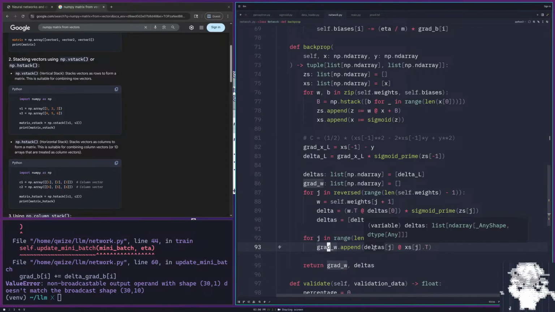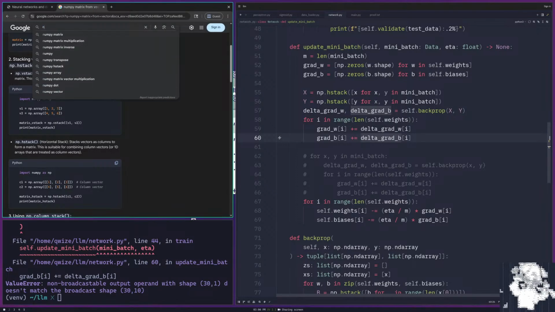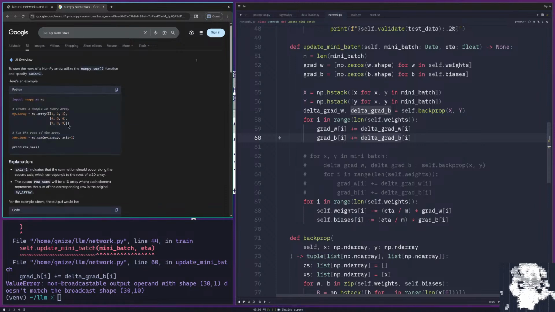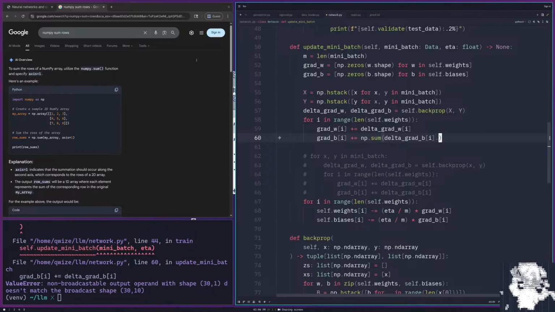I guess not. Maybe I already end up with the sum for W. But for B, I have to sum the rows. I think I just have to look that up. NumPy sum rows. You can say axis. Okay, so np.sum this guy, axis equals 1.